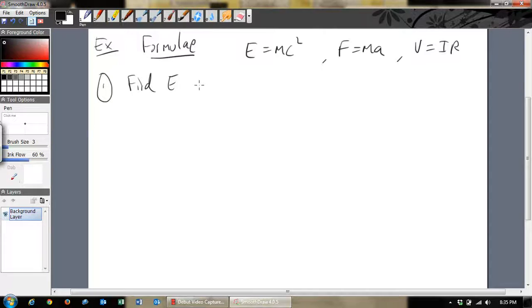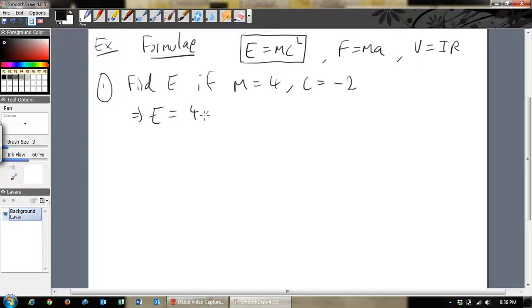In the first example, find E if m is equal to 4 and c is equal to -2, using this E equals mc squared formula. So E is equal to, and we're just going to substitute these values in. This means m times c squared.